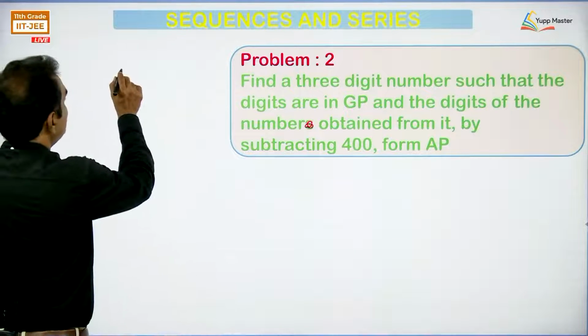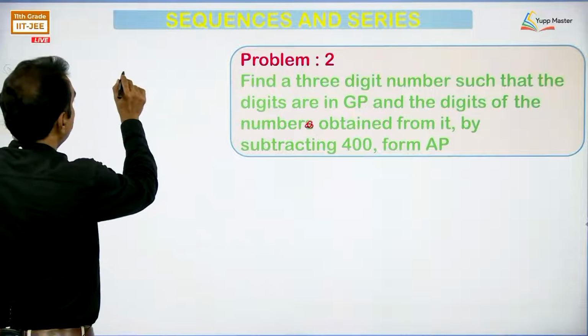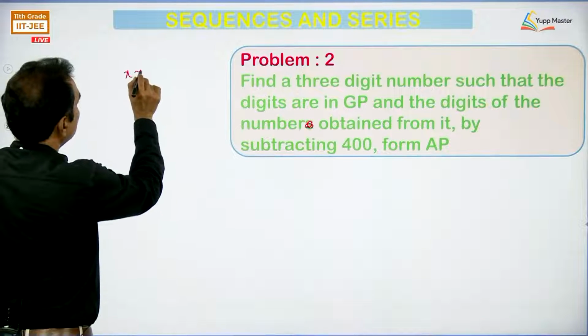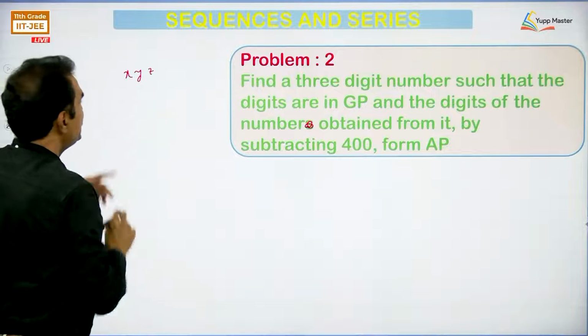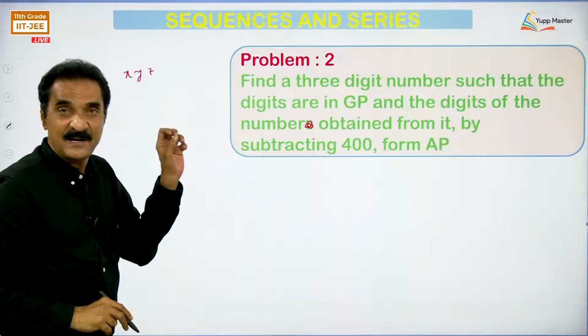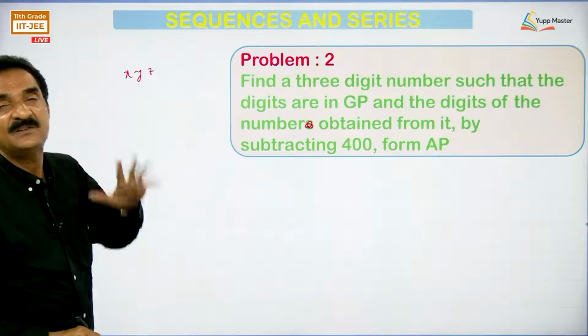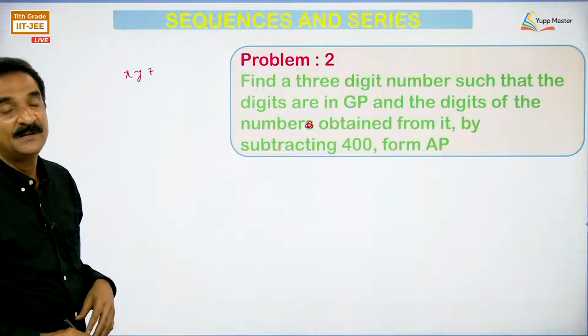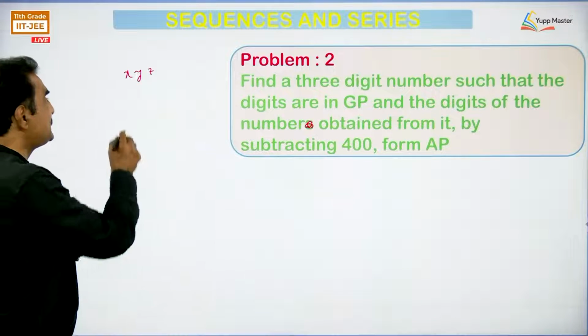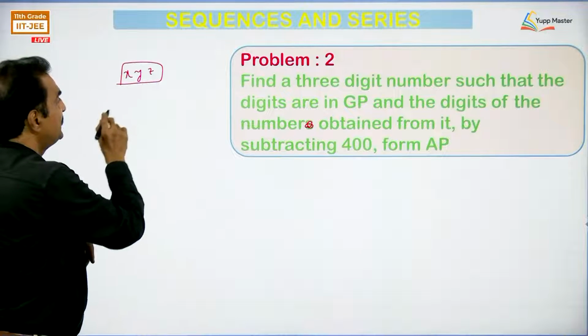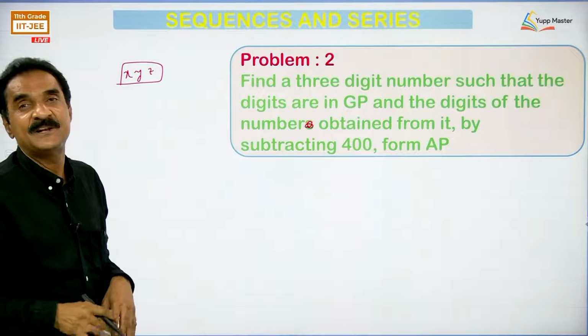Suppose the digits from left to right in the 3-digit number are x, y, z. z is in units place, y is in tens place, x is in hundreds place. Then x, y, z are in GP. Alright. Then if this is the 3-digit number, what is the actual value of the 3-digit number?